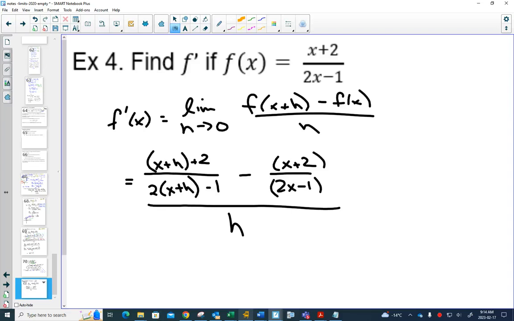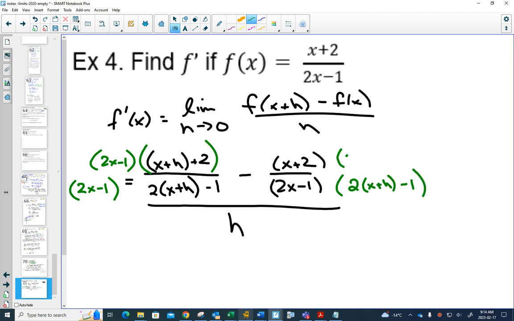What does that common denominator look like? Well, this one is missing a 2x minus 1, and this one would have to be multiplied by a 2x plus h minus 1.